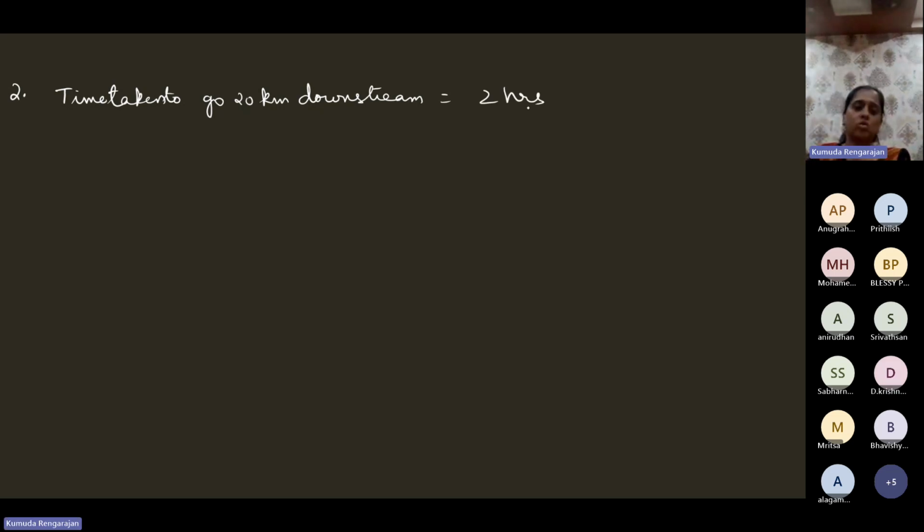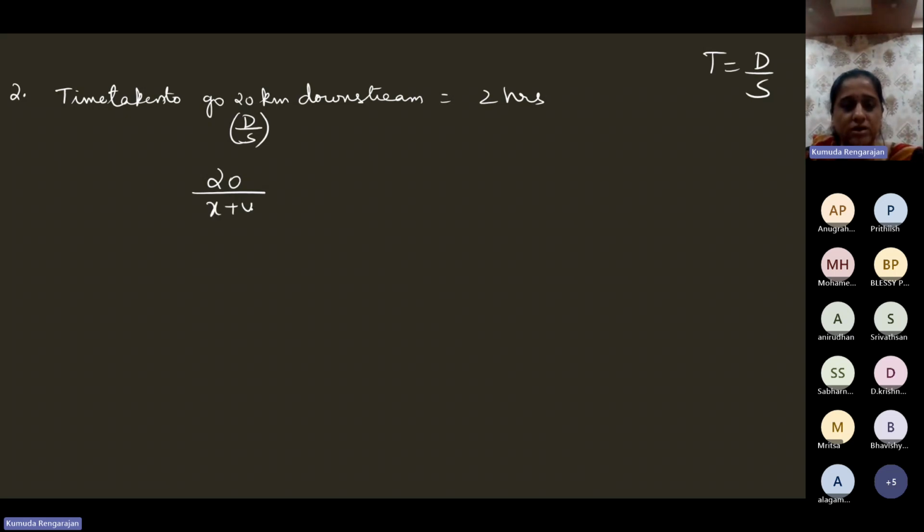So time we know is distance by speed. What is time? Distance by speed. So what's the distance? 20 kilometers. What's the speed downstream?